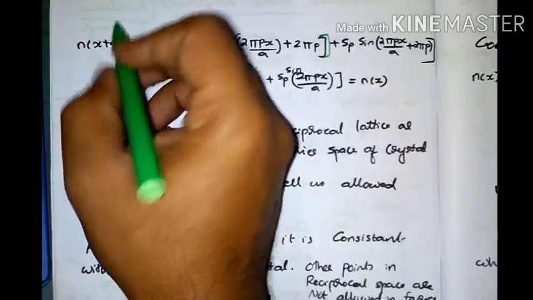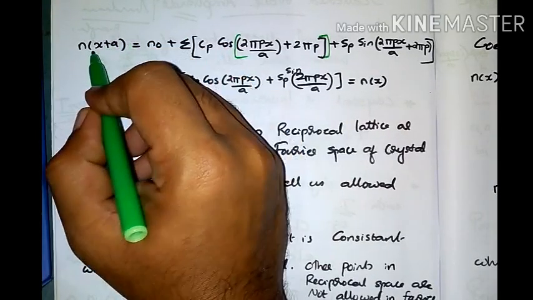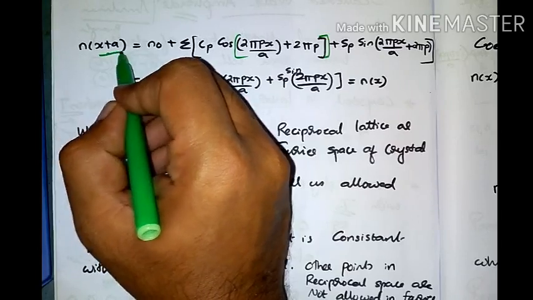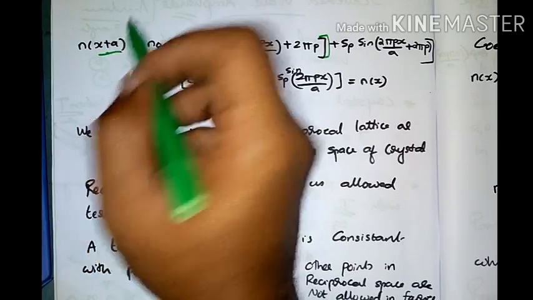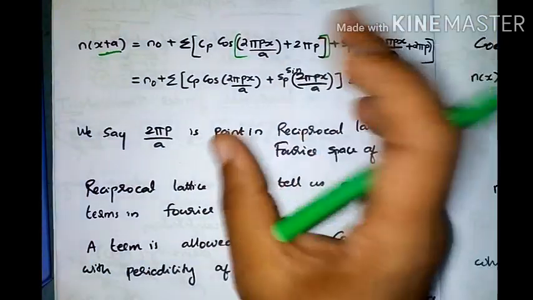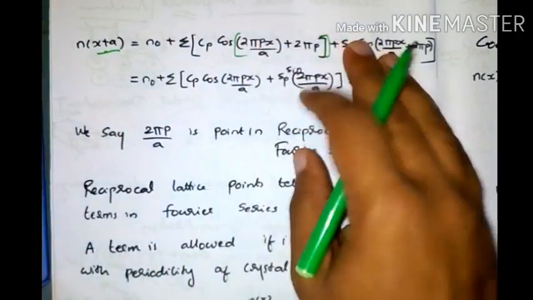Now we try to understand the electron number density at the point x plus a, where a is the lattice constant of that lattice. We know the equation: n0 plus a cosine term plus a sine term.